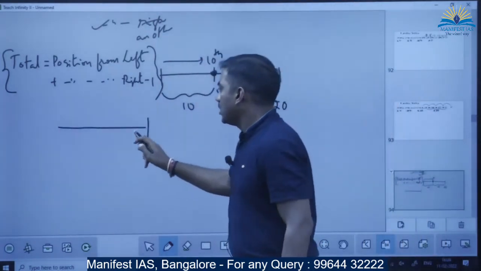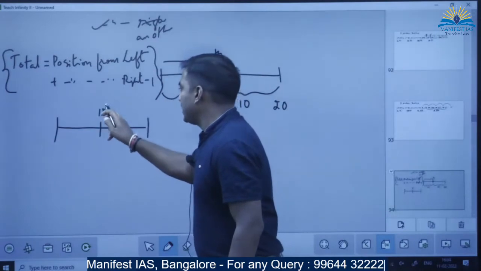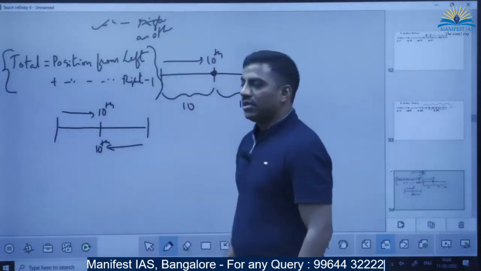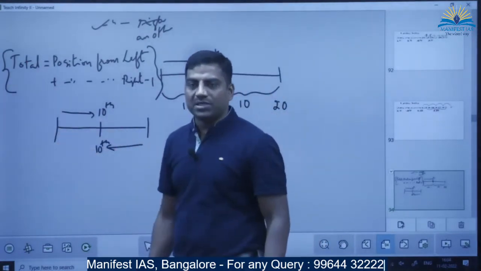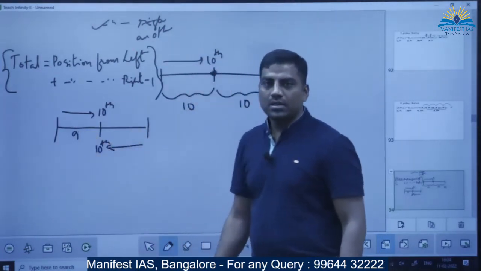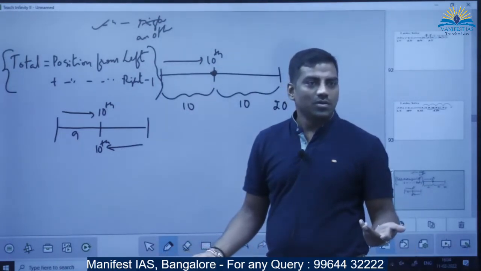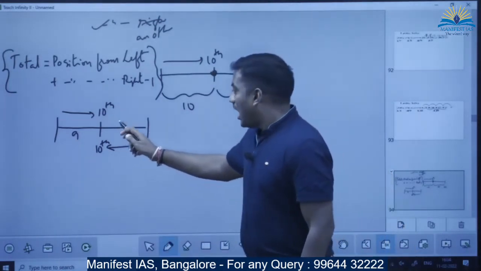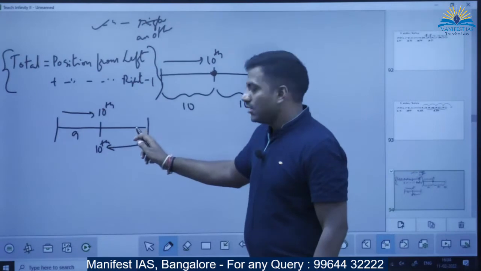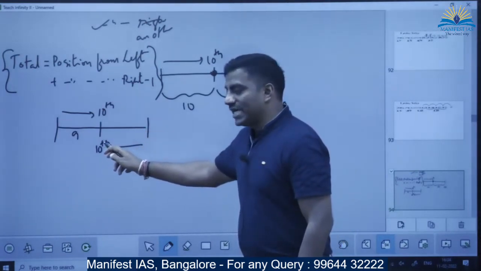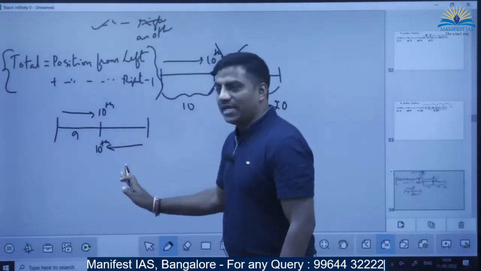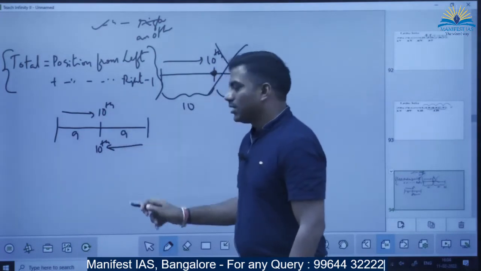Or, let's say this person is 10th from left and 10th from right. Now tell me, before this person to the left, how many persons are there? 9. After this person, how many persons are there? He is 10th from the right, so here also 9.